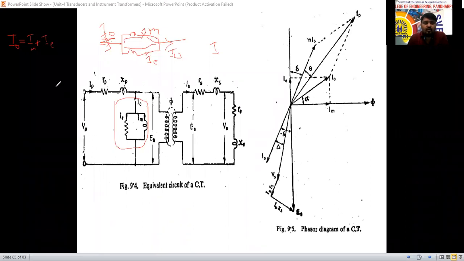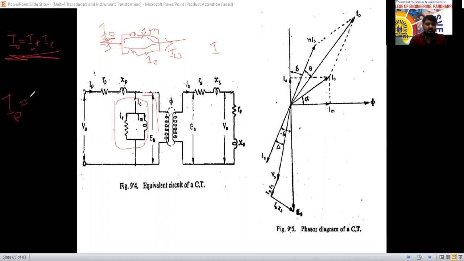So I naught equal to IM plus IE, we can write like this. So this is one current relation. Next, IP is there, the total current. So IP equal to what is this current here now?